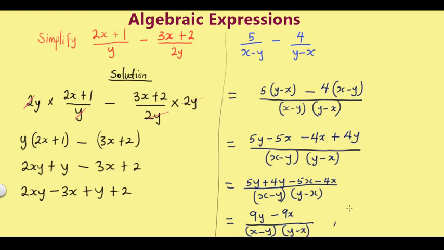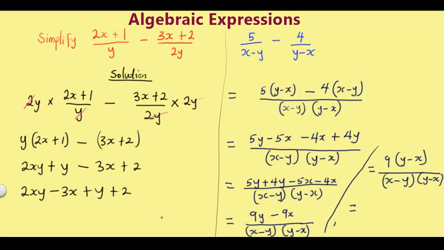Now we can factorize. 9 is common here, so it becomes 9 open bracket y minus x, divided by (x minus y)(y minus x).